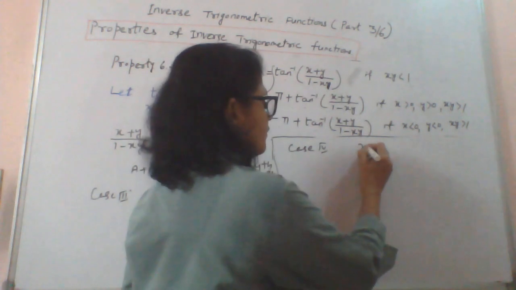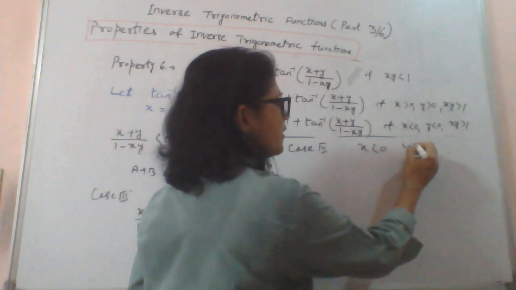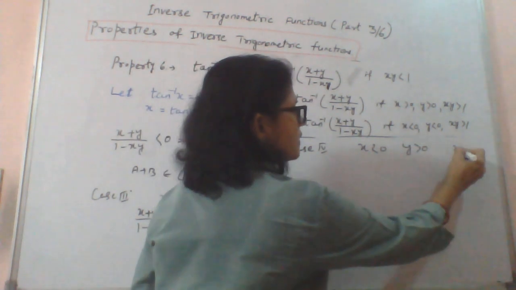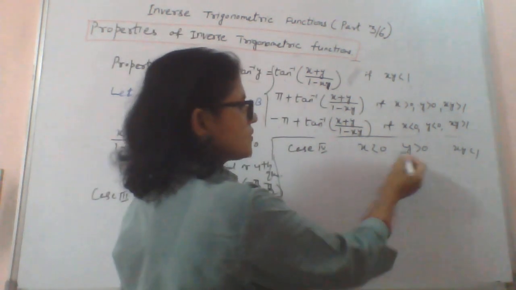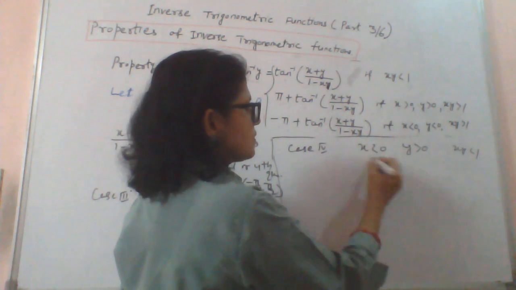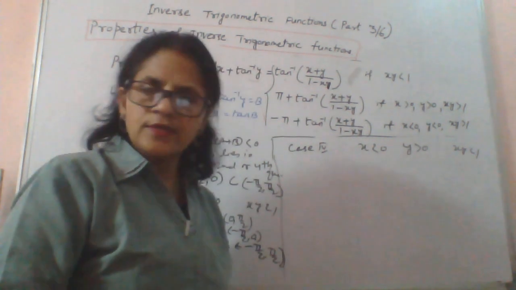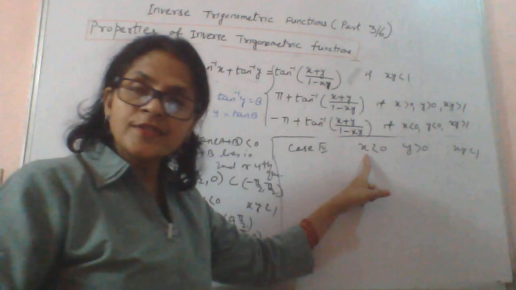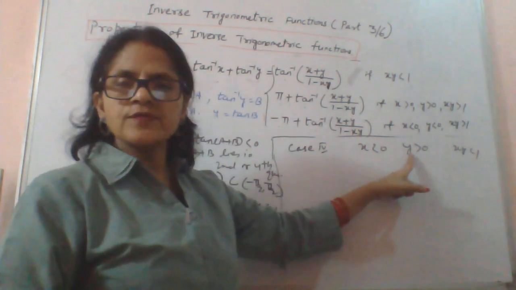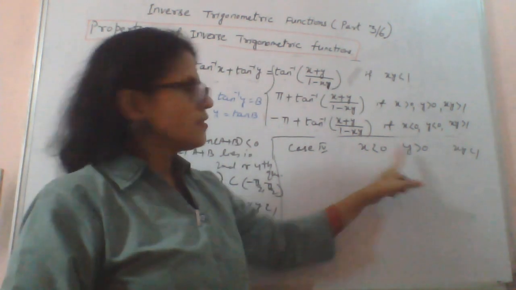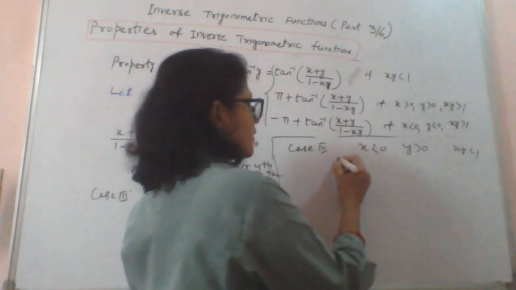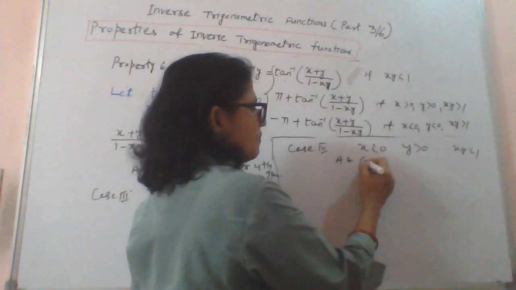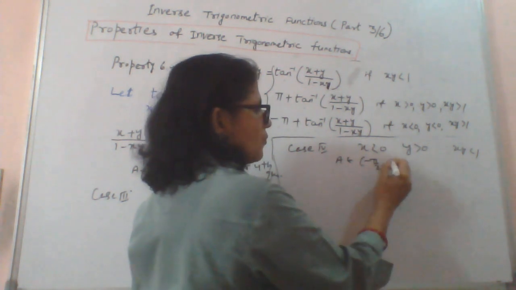If I write x less than 0, y greater than 0, xy still less than 1, we are continuing the same case. So x less than 0, y greater than 0 means tan inverse x is less than 0, tan inverse y greater than 0, so a less than 0, b greater than 0. So here a belongs to (minus pi by 2, 0).